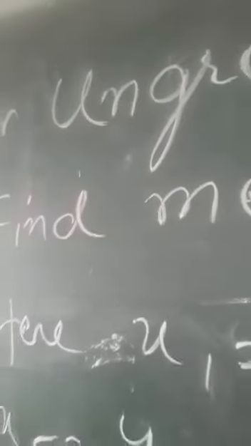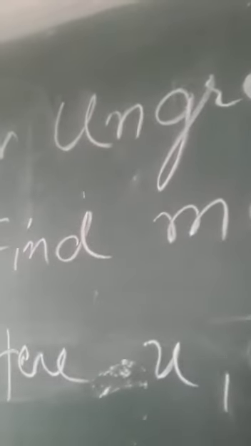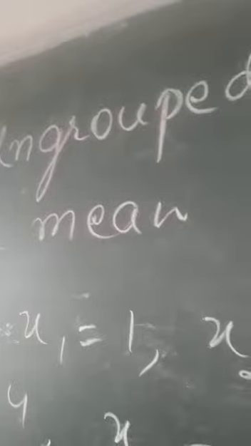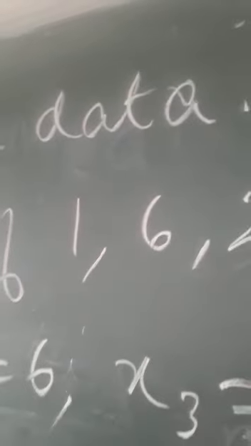So the first formula we are going to use is the direct formula to find the mean when only terms are given. Here we have to find the mean of the terms 1, 6, 2, 3, 4 and 5.